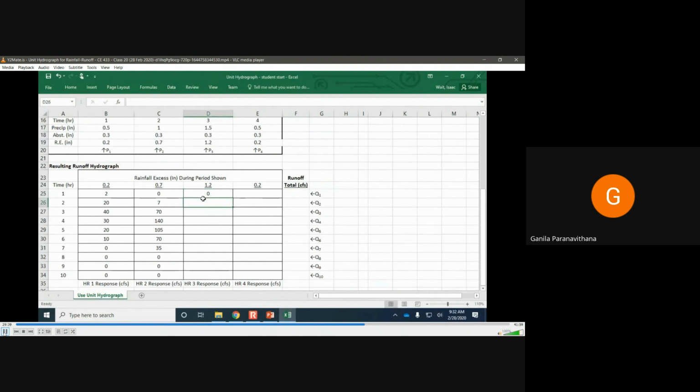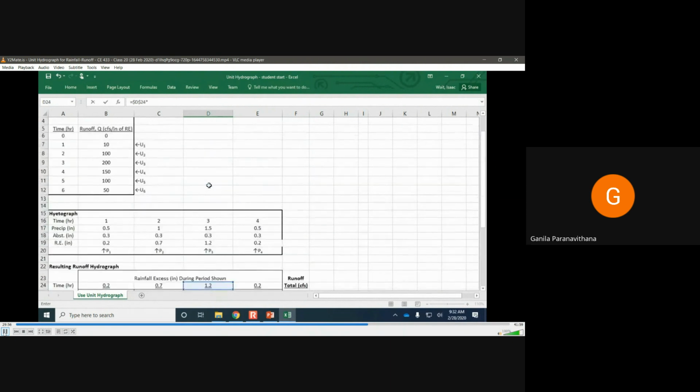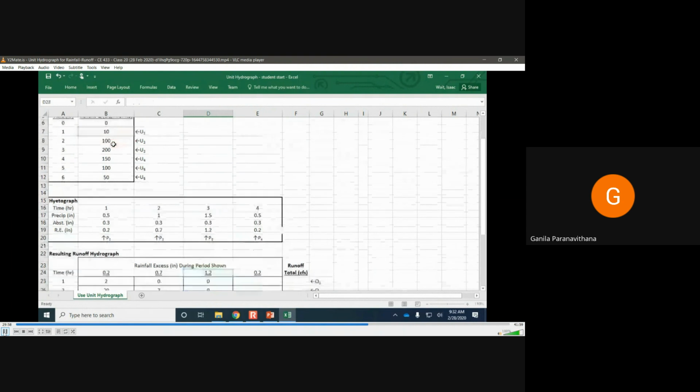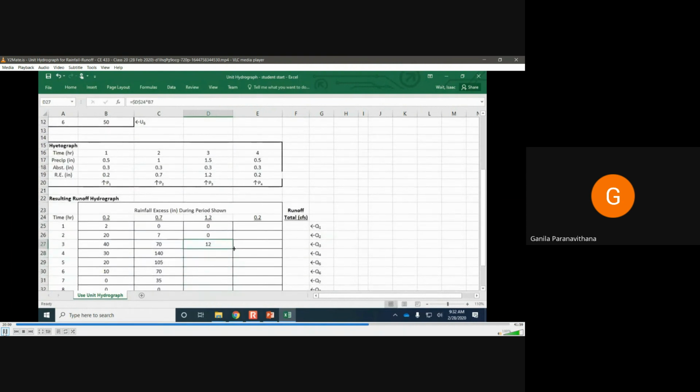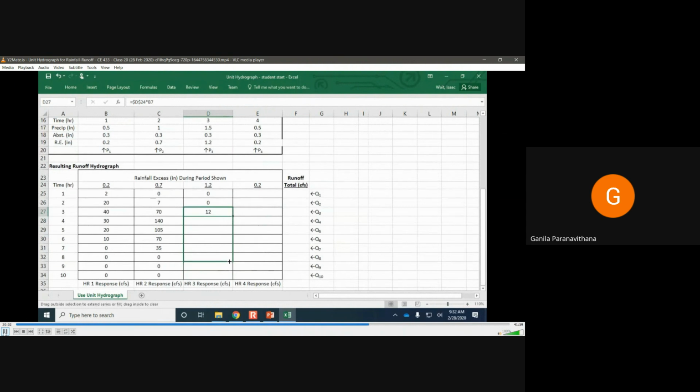So for the 3rd hour, you need to put in 2 hours of delay and then begin the response of the pulse of rainfall excess multiplied by the response, dragging that down through the 8th hour.